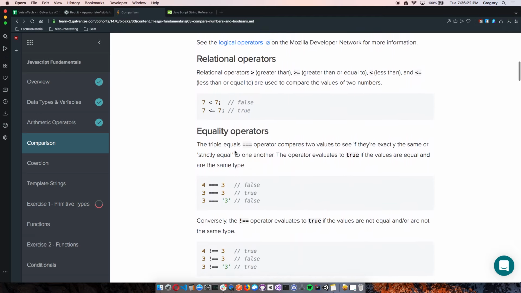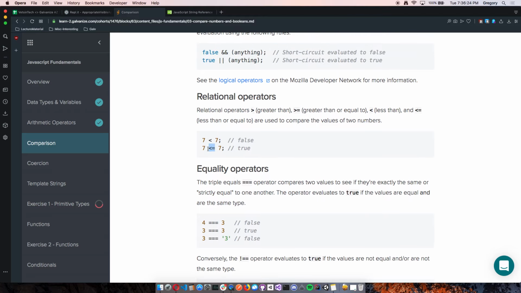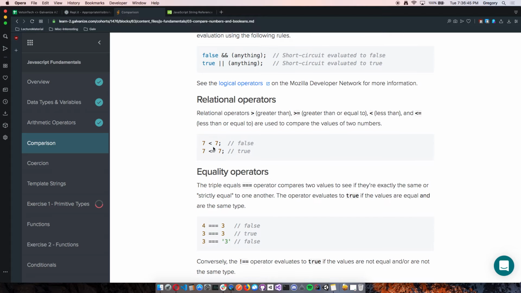Showed you guys these a little bit. So the same way we were doing plus equals, minus equals, this is just greater than, less than or equal to. Obviously 7 is equal to 7, so that's true, but it's the same way in math. I always remember it by less than kind of looks like an L, right?